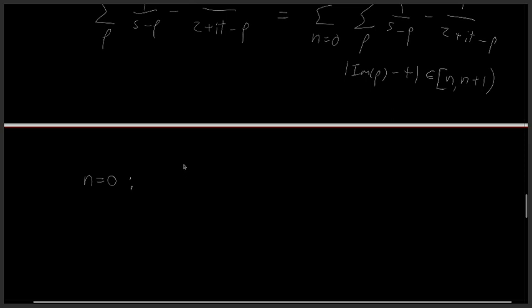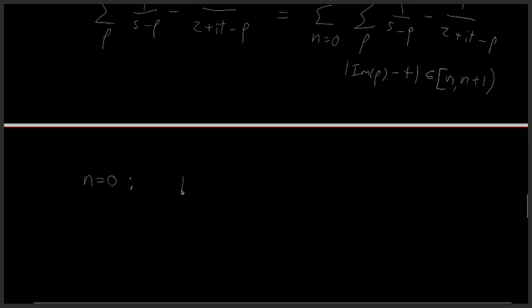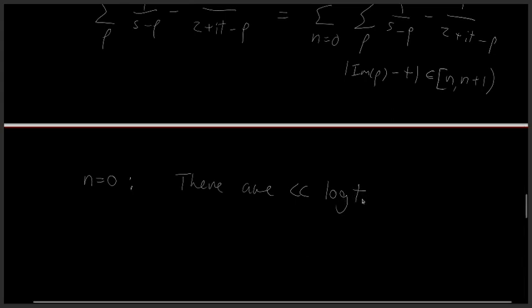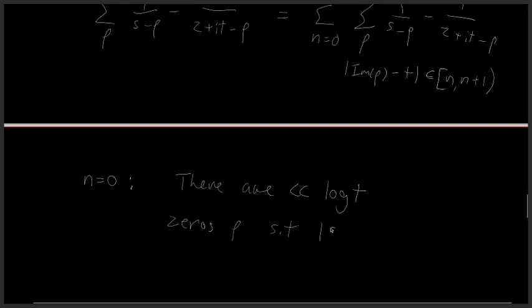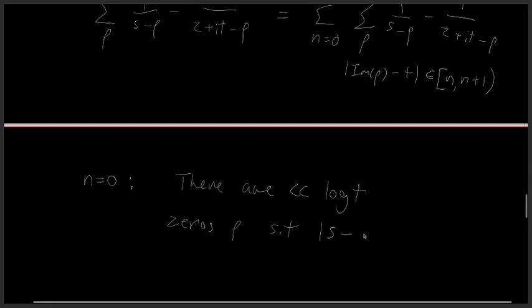But what we can say is that there are at most, here I'm just going to write log T, where T is assumed to be positive and sufficiently large, there are at most log T zeros rho such that the absolute value of s minus rho is less than 1.